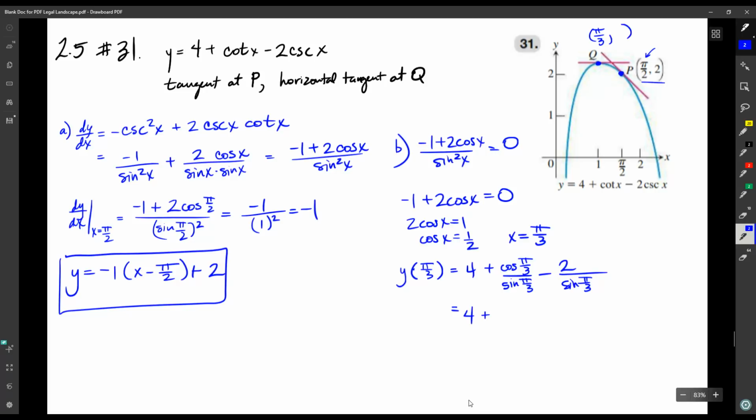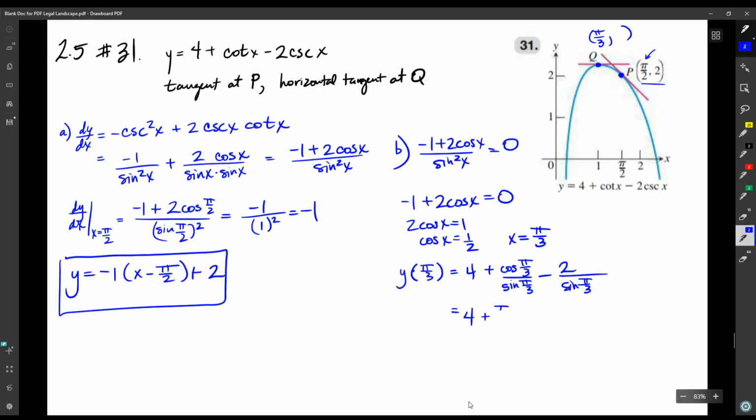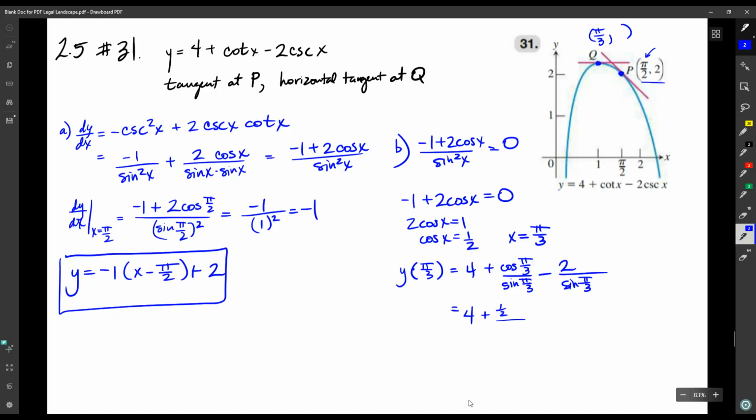So let's continue this and work it out a little more. Cosine of pi over 3, we know is 1/2. And then the sine of pi over 3 is root 3 over 2. Minus 2 over root 3 over 2. So 1/2 over root 3 over 2, times 2 over root 3, that's going to be plus 1 over the square root of 3.